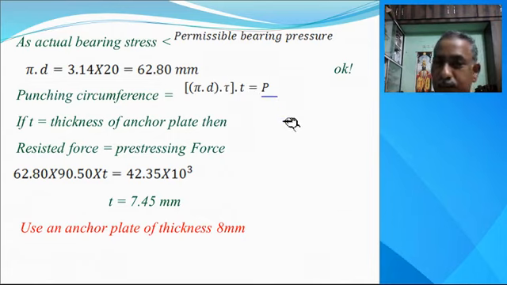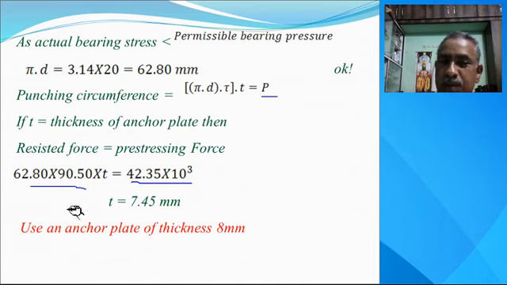So pi D, 62.80, multiplied by tau, which is given, and multiplied by the thickness T of the anchor plate, gives the resisting force, and this resisting force must be equal to the total pre-stressing force.